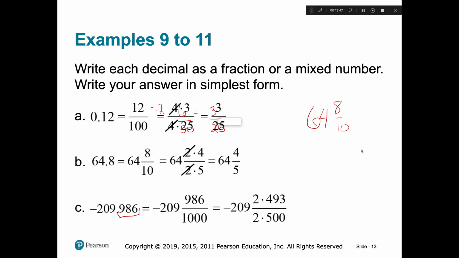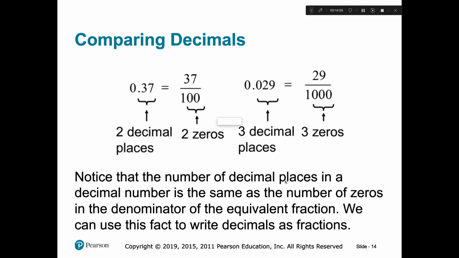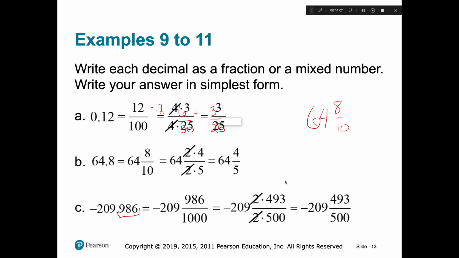They're both even numbers, so we can divide them by 2. So we can end up with a negative 209 and 493 over 500. What was the lowest? 493 over 500.